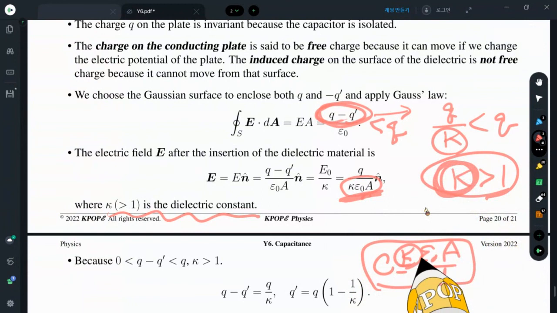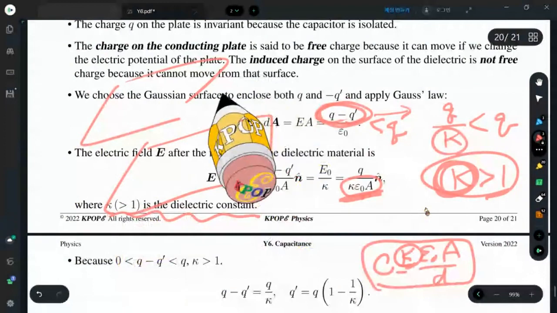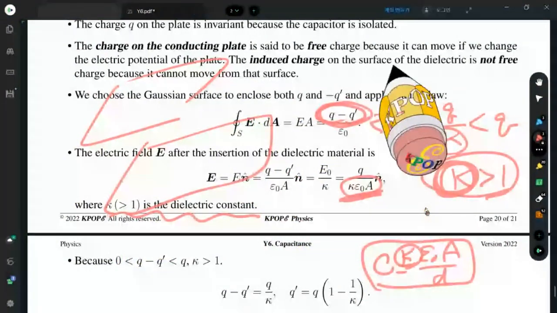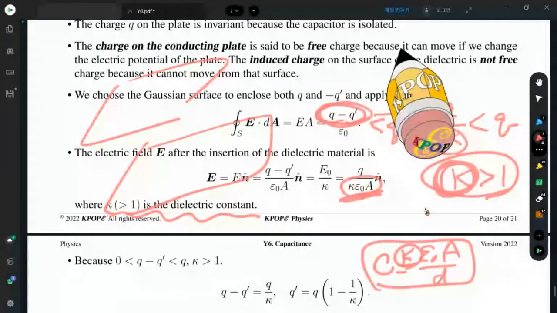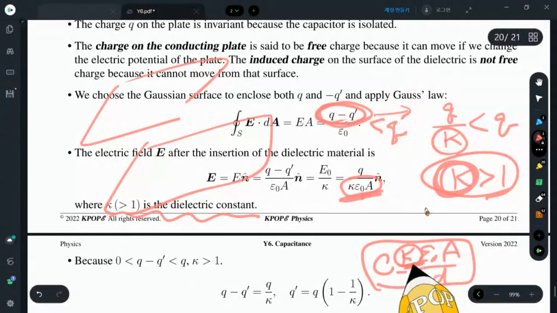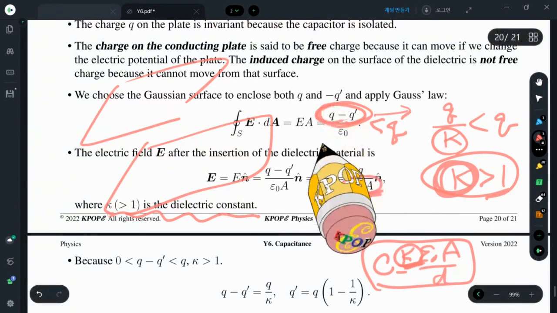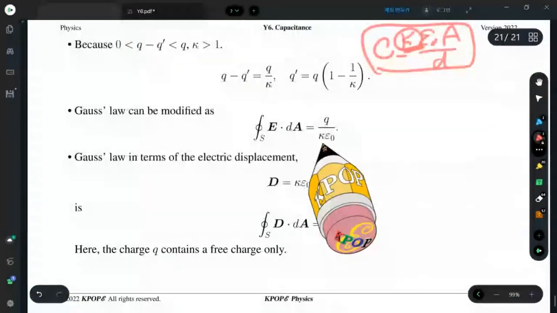So the final result is, if you insert the dipole structure, that is called the dielectric element, such as oil, what you have done is to increase the capacitance. So this is an industrial application of this very elementary concept.